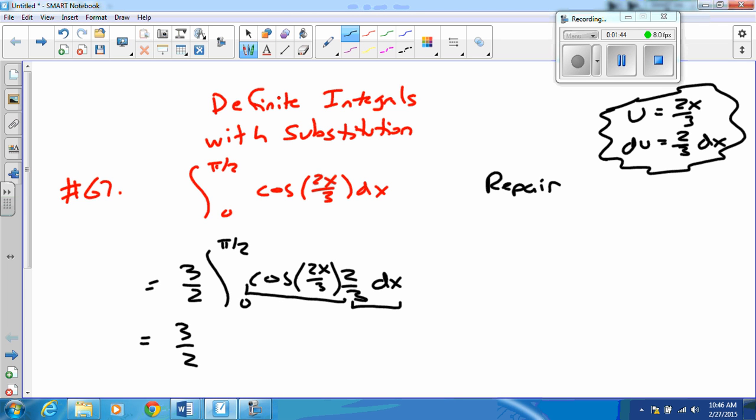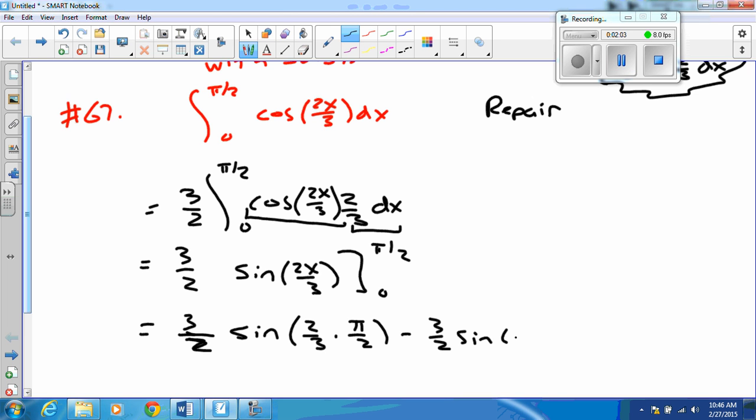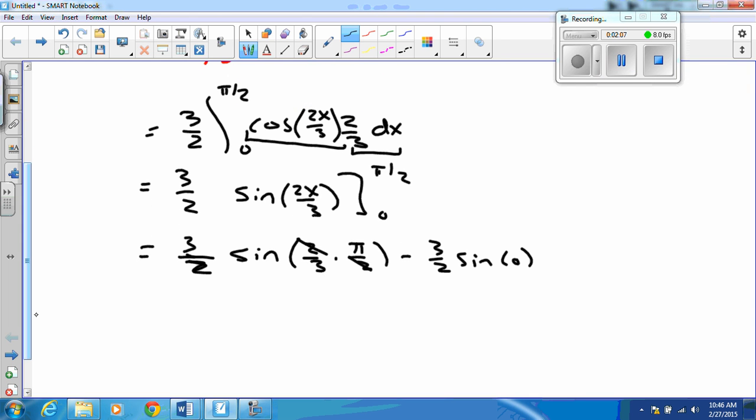This is cosine u du, and therefore its integral is going to be sine of u taken from 0 to pi over 2, which gives me 3/2 of sine of 2/3 times pi over 2 minus 3/2 sine of 0. And of course the 2's cancel, so that I have the sine of pi over 3.